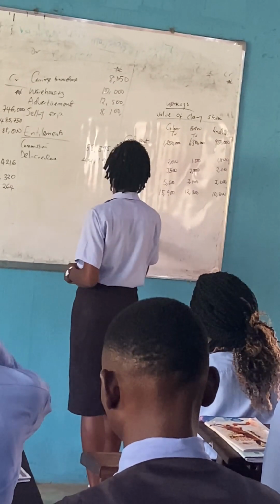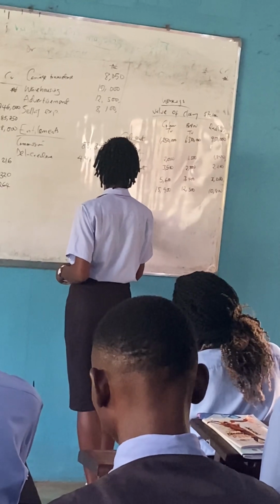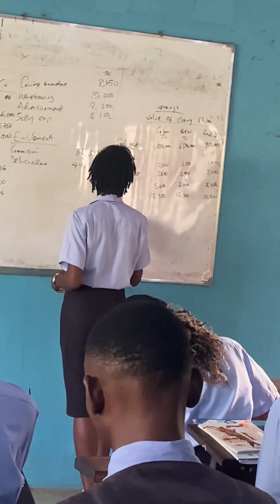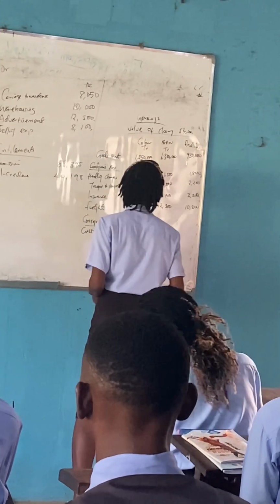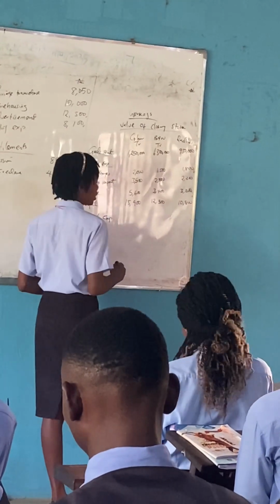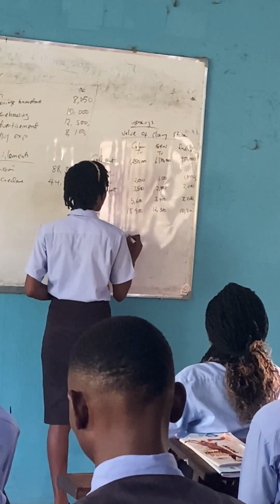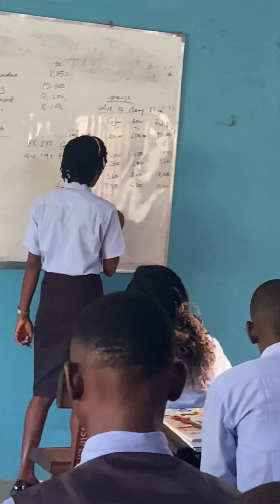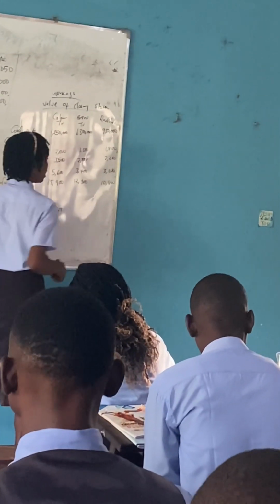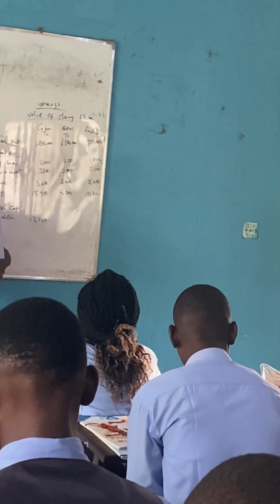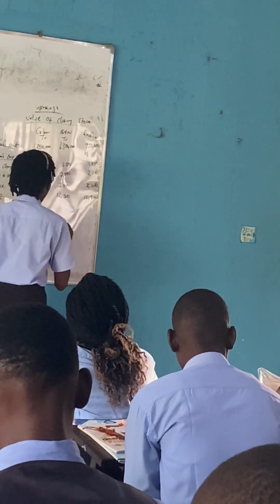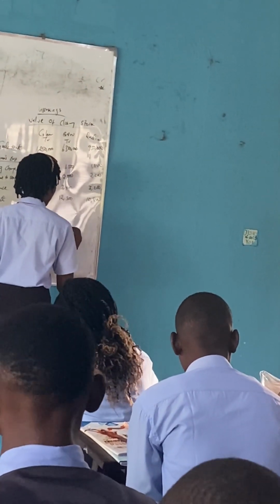So we have custom duties, separate from it. For the color TV, we have what? 13,848. So we are adding 13,848, right? For your black and white, what's the expense? 17,676.